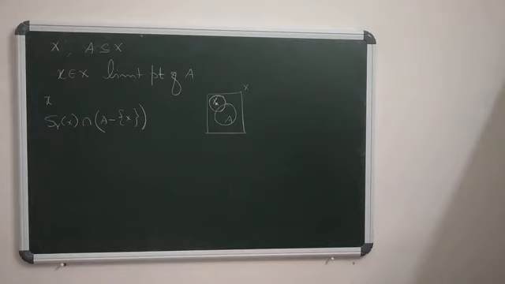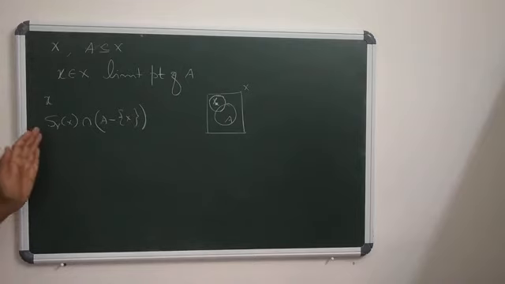Okay. Then when is the subset A of X closed? Here x is the limit point of A only when this open sphere centered at x intersects A minus the singleton set {x} itself.